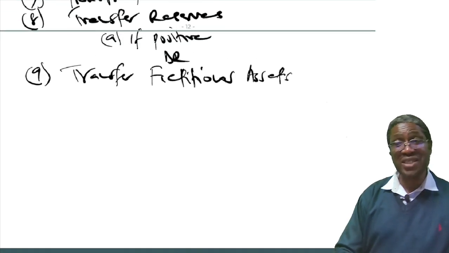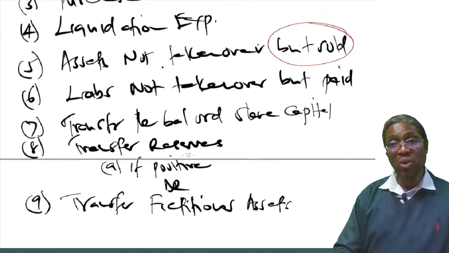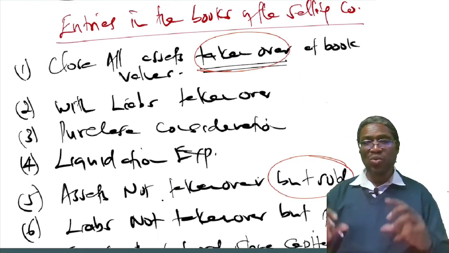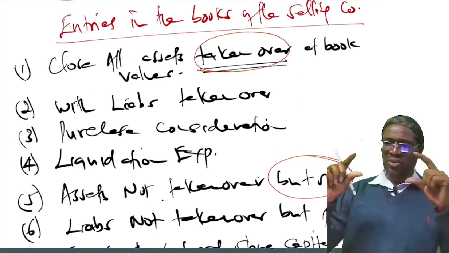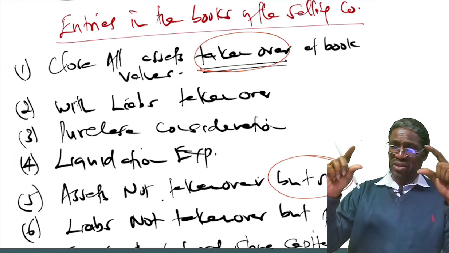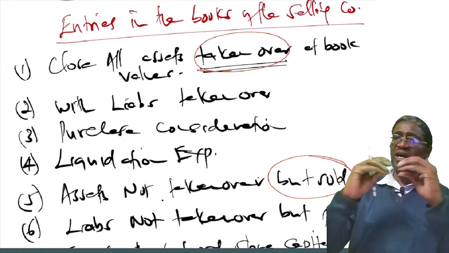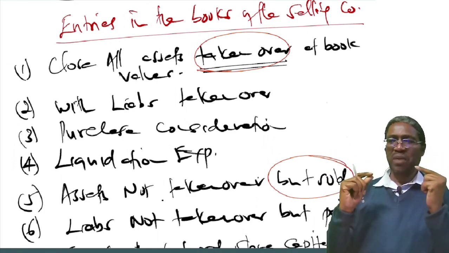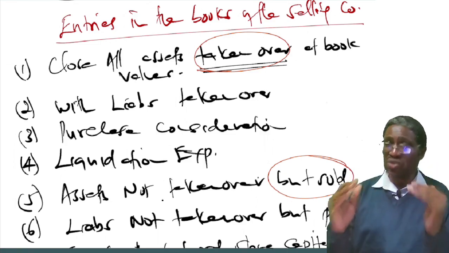You just understand the flow. Once you understand the flow, then everything will be okay. So what did I start by doing? We started by closing the books up there, like closing the assets taken over, liabilities taken over. Then I had to charge company B whatever is the purchase consideration.